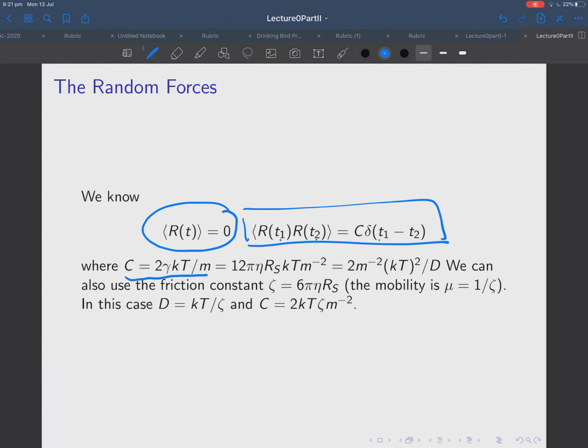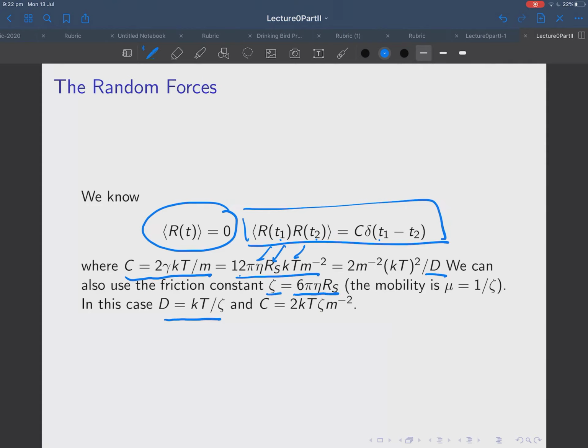And we've actually derived how big the random forces are, 2kT on m, which for a sphere, we can write like this. Okay, with the viscosity here, radius of my sphere, temperature, and where this thing here, D, is a diffusion constant.